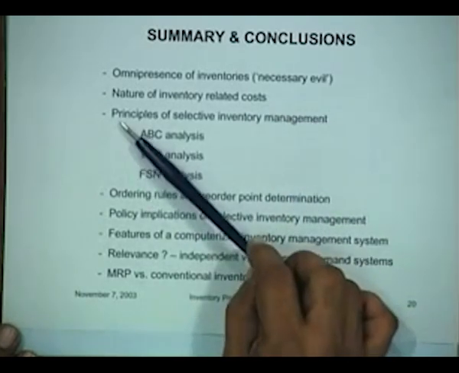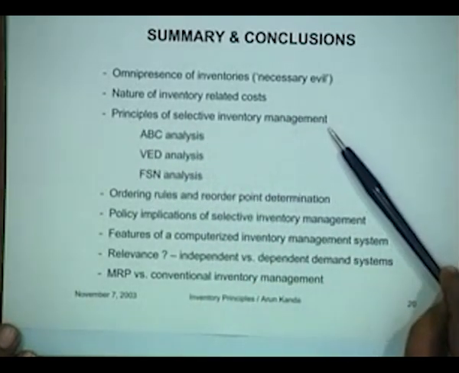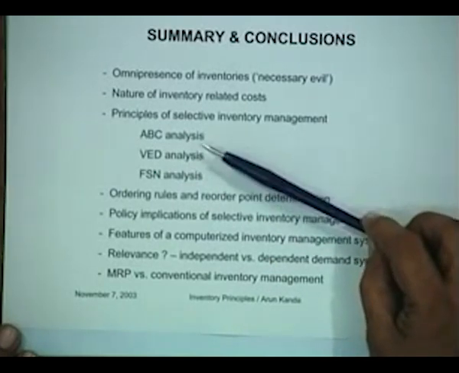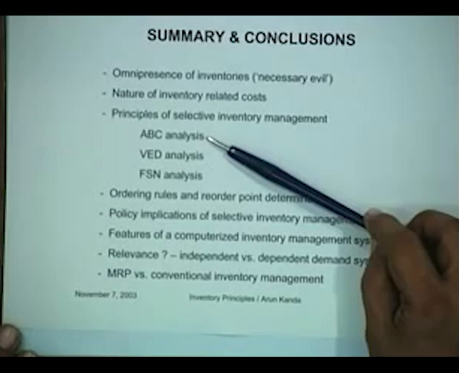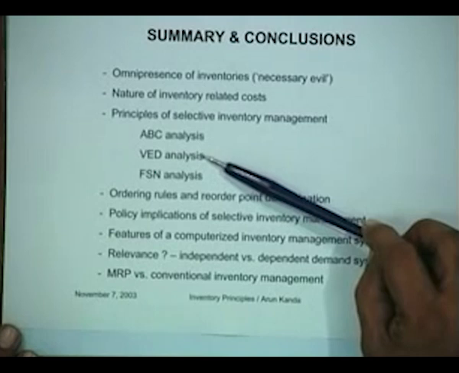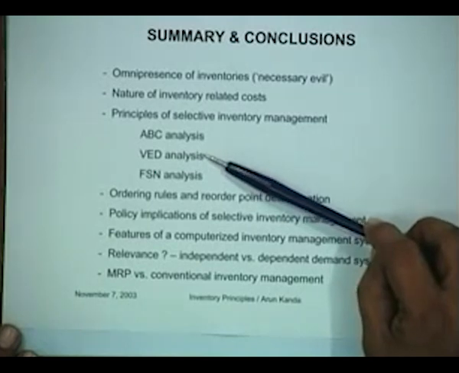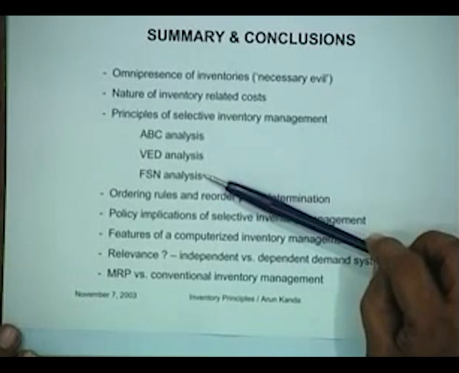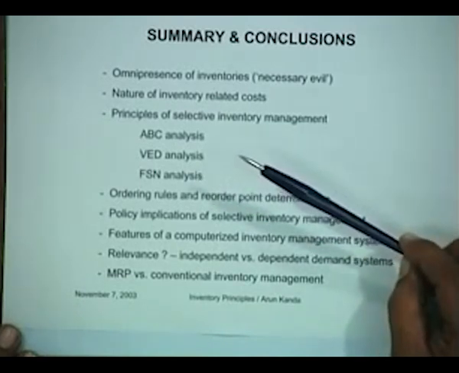Then we talked about this very important principle of selective inventory management, which applies to classification on different fronts. Classification on the basis of value, which is the ABC analysis, classification on the basis of criticality, which is the VED analysis, and classification on the basis of whether items are fast moving or slow moving, and that is actually FSN analysis.